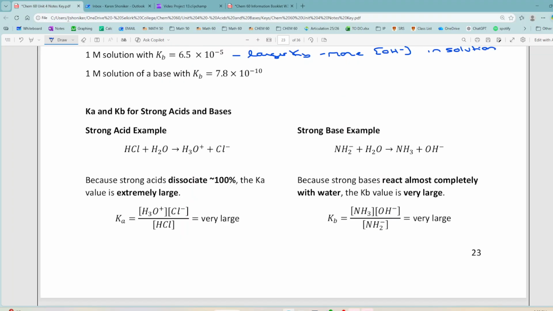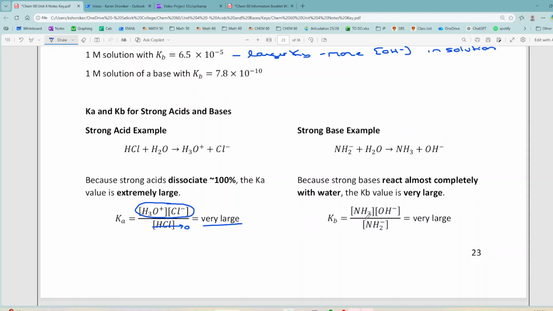Well, what it means is that when you have a strong acid, because strong acids dissociate nearly 100%, the Ka value is huge because you can essentially say that this is like going towards zero. Now it can't be zero because that would be undefined, but if you're dividing by a very small concentration, then you're mainly all ions in solution. And so the Ka would be very large, but it would be dependent upon what concentration of acid you're starting with and what concentration of ions you have in solution.